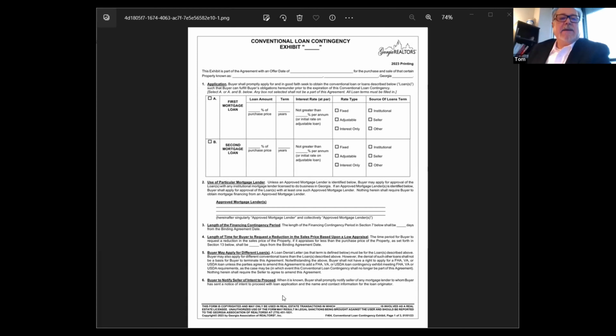Okay. And again, what this paragraph says is when it is known. So there's not a clear-cut date, but it should be as when it is known. But you all know as well as I do, once you go binding, you've got to start that loan process. Right.